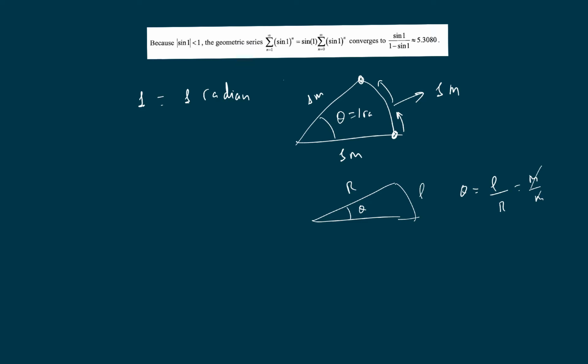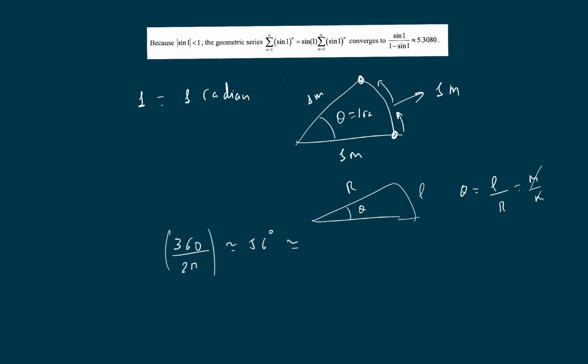Now, 1 radian corresponds in degrees to 360 divided by 2 pi, which is approximately 57 degrees, something like this.